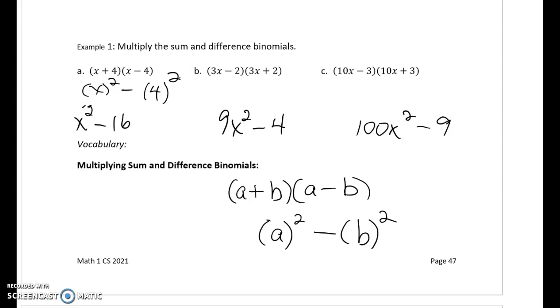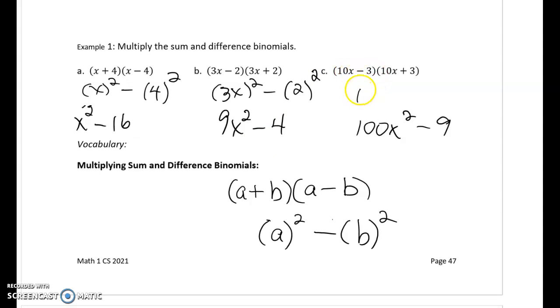Part B, applying this pattern right here. We're going to take the first term of the binomial, put it in parentheses and square it. Take the second term of the binomial, put it in parentheses and square it, and put a minus sign in between. 3x squared, that's 3x times 3x, is 9x squared. 2 squared is 4 with a minus sign in between.